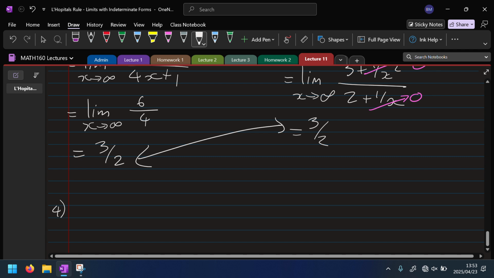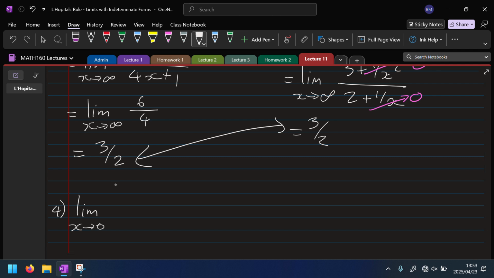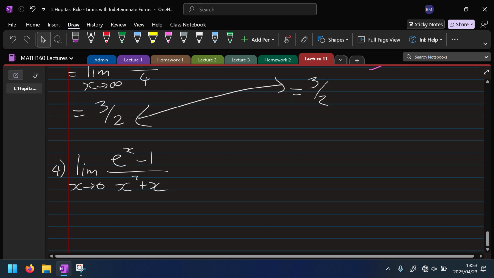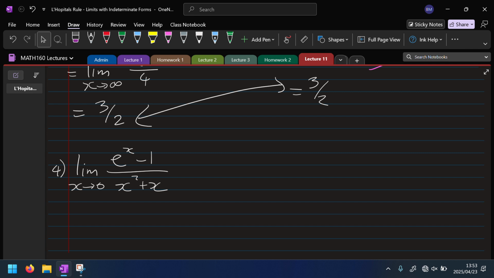Okay, number 4, we have the limit as x goes to 0 of e to the x minus 1 over x squared plus x. Okay, so we'll just go through condition 1. The others you can check. So when x goes to 0, the top will be 1 minus 1. That will be 0. When x goes to 0, the bottom will be 0 plus 0. That's going to be 0.